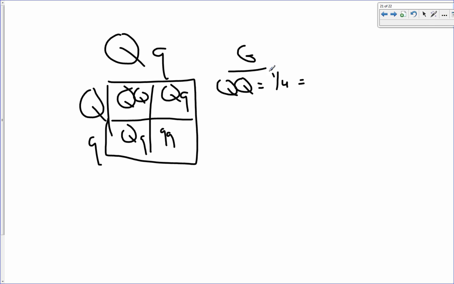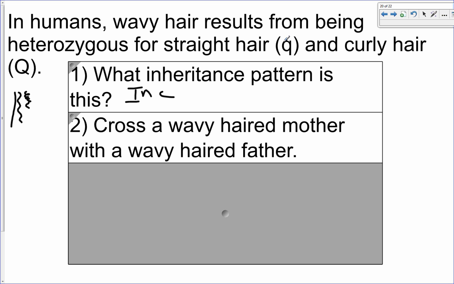Little q would be straight. And this would be wavy. Again, our ratios look similar to simple inheritance patterns for the genotypes, but when we have a heterozygous individual, they blend. All right, we won't do the last one.